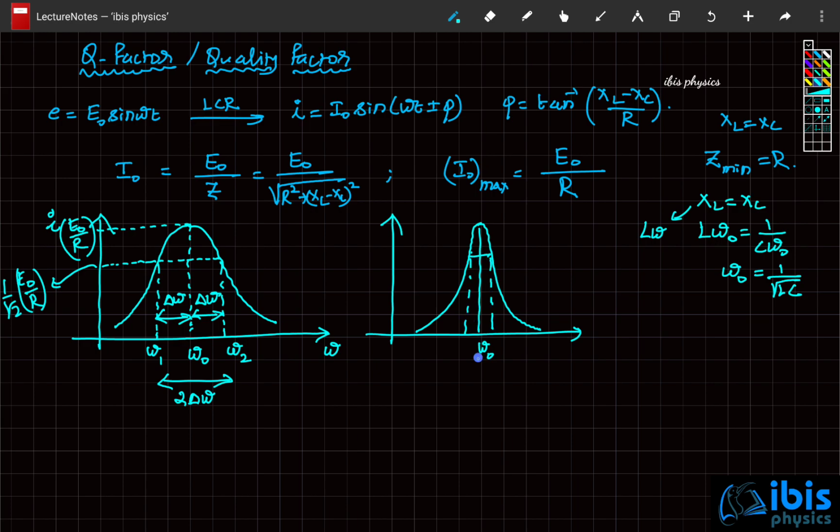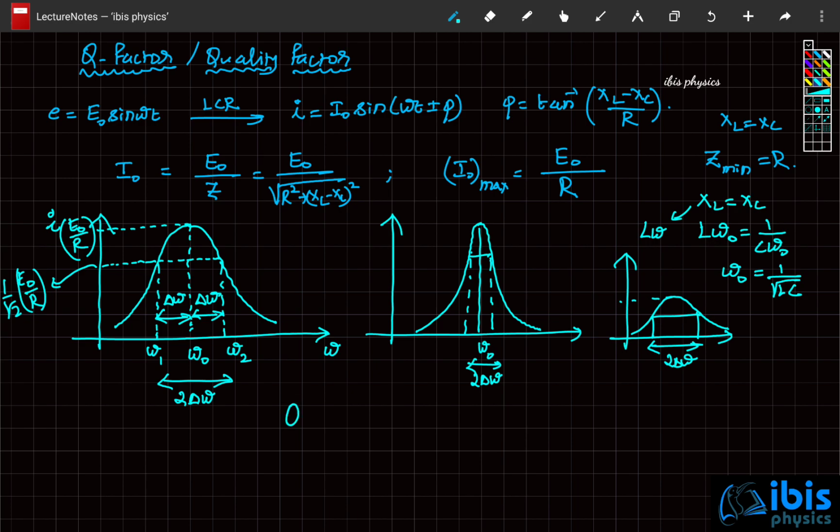So the narrower the bandwidth, 2 times delta omega, the higher the quality of the circuit. If the circuit is not of good quality, then the bandwidth will be wider like this. So this is the peak current, this is 70% of the current, and this is going to be 2 times delta omega.